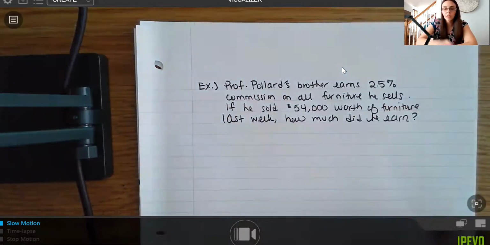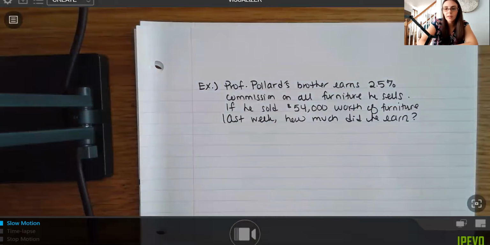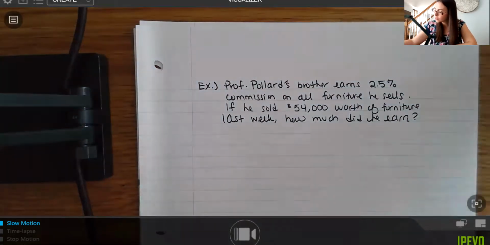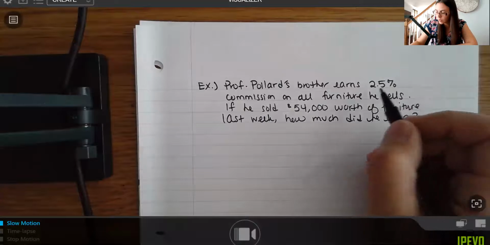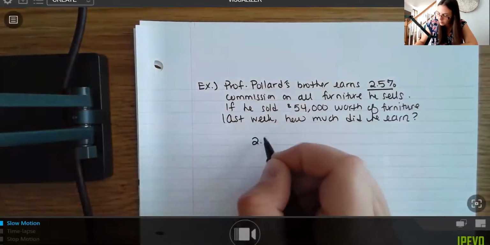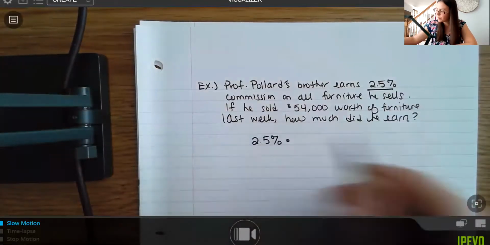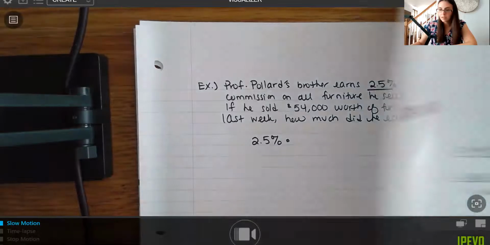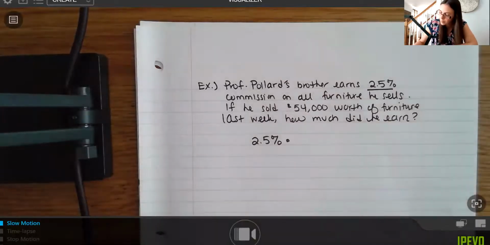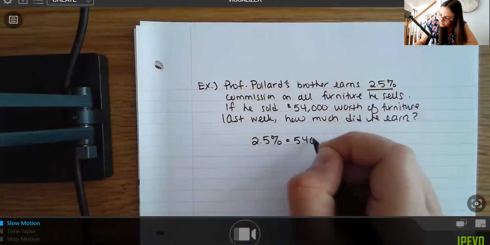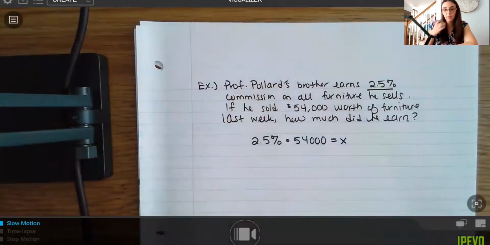Okay, so we're going to use, again, that base formula that we have, which says that percent times base equals amount. So my percent here is that 2.5%. That's his commission rate. Now remember, your base here is going to be your total sales. So his total sales, what we're multiplying by, is that 54,000. And that's going to give us his commission that he earned. I still have to change this over.